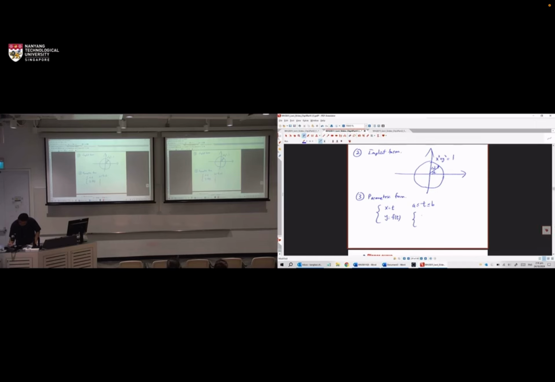And then we have x equals cosine t, y equals sine t, where t is between 0 and 2 pi, for the above example. This is the case where x squared plus y squared equals 1, and cosine squared t plus sine squared t equals 1, so it's satisfied.